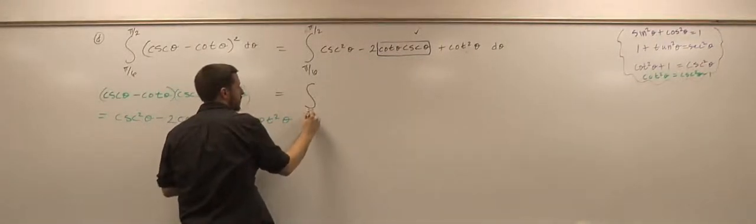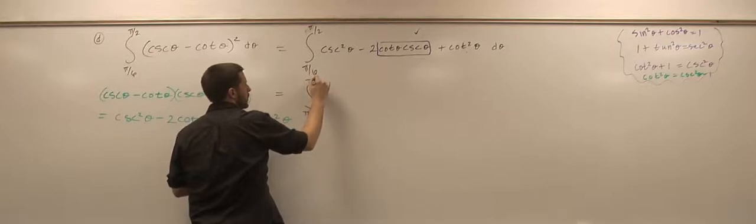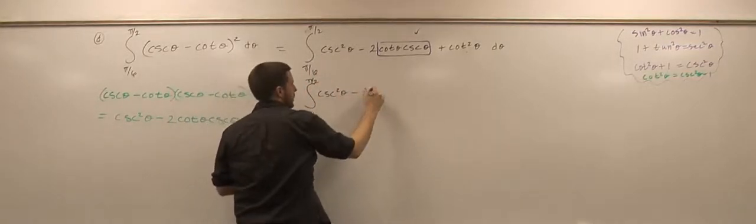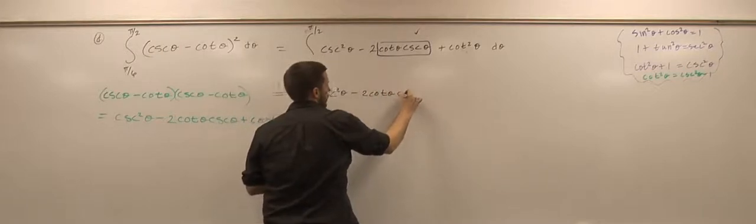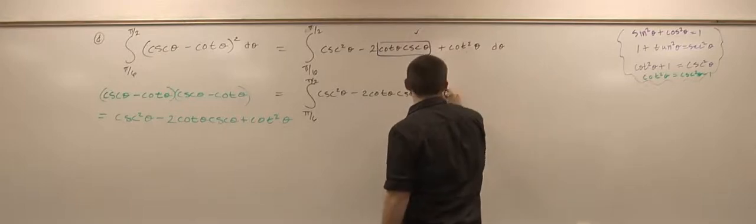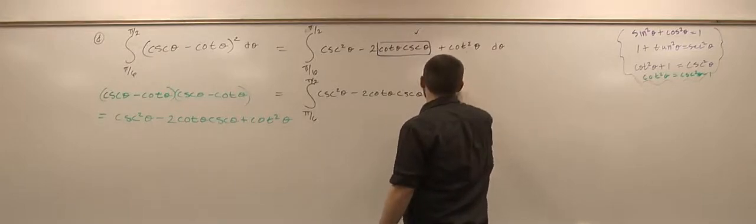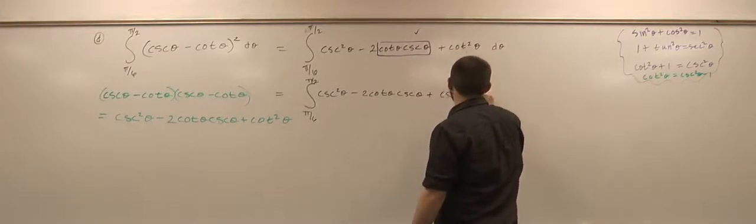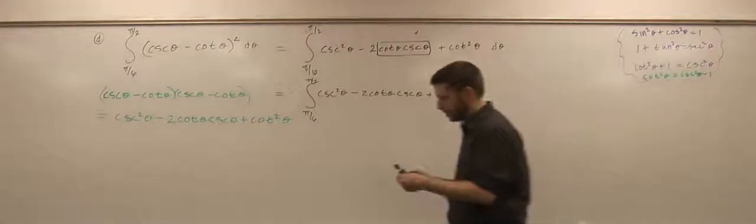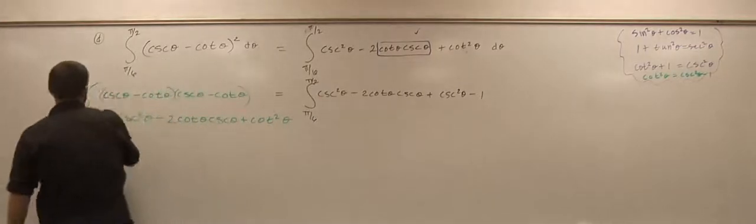So I'll integral pi over 6 to pi over 2. Leave my cosecant for now. Leave this guy, we love him. But then change this to cosecant squared theta minus 1. Collect like terms.